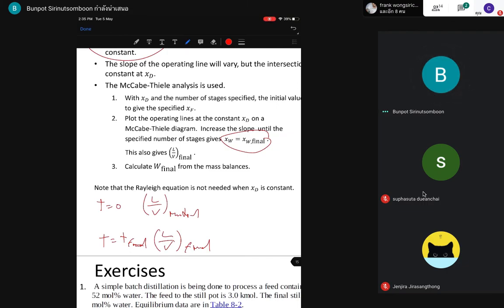So at the beginning you have L over V initial, but at the end, when you finish the process, the slope L over V will be L over V final, and then you can calculate W final.